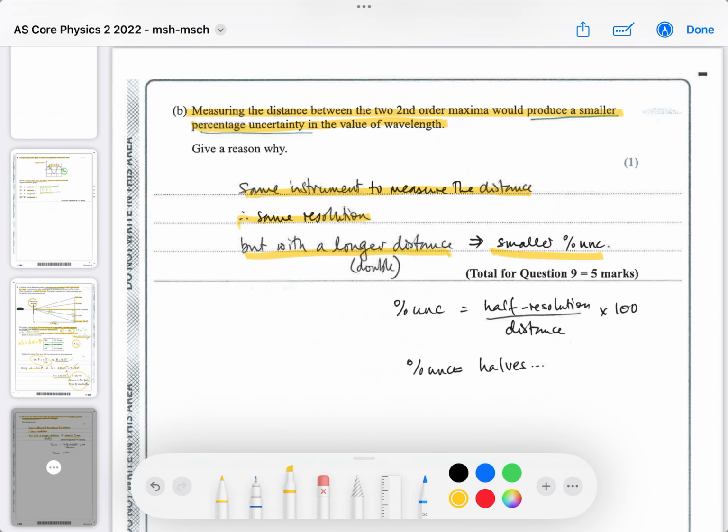Because the percentage uncertainty is half the resolution of your instrument divided by the distance, and the distance would be double. So for that measurement, the uncertainty would be halved, and that should lead to a more accurate value of the wavelength as well.